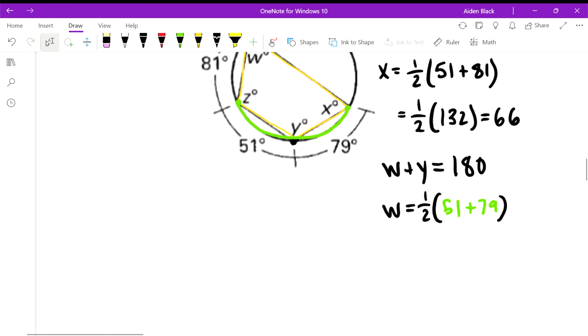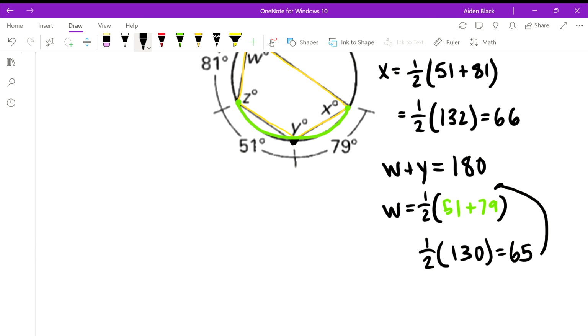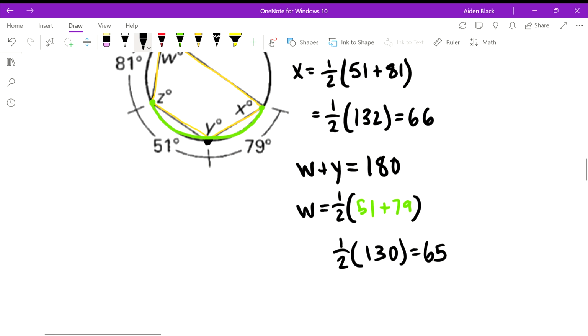And when we evaluate that, we get 1/2 of 130, which is equal to 65. Okay, and since we have 65 for w, we can plug it back in here. 65 plus y equals 180. Now let's take 65 from both sides to keep it balanced, to keep it true. And when we take 65 from 180, we should get 115.